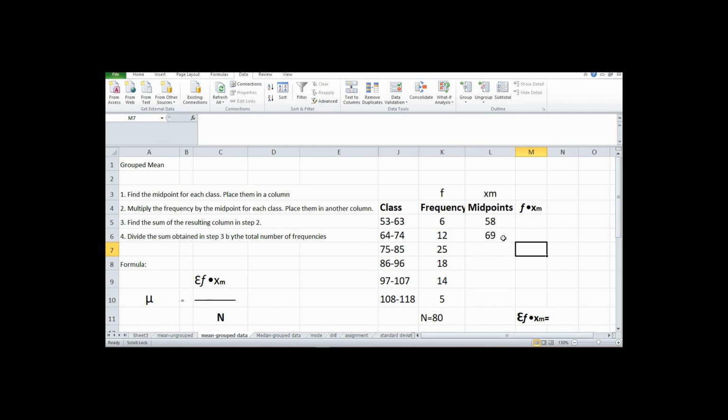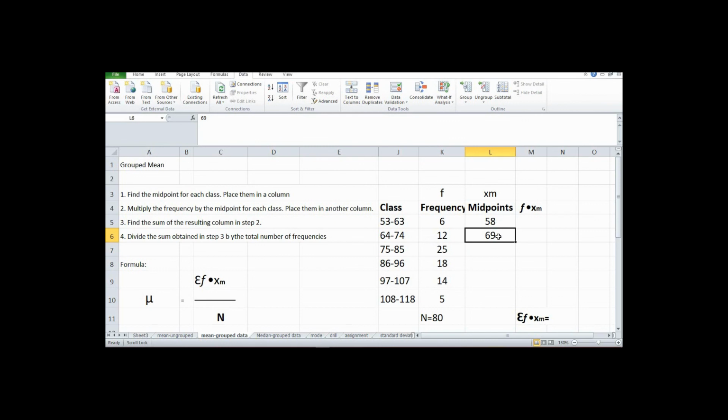So we can add 11 to get the midpoint for the third class. Or simply, you have an option to add 75 plus 85 divided by 2, and so on and so forth. But if you have limited time, you can do an addition on these particular values.